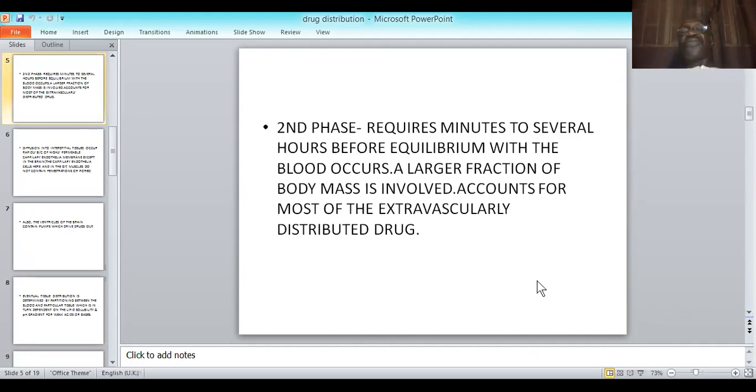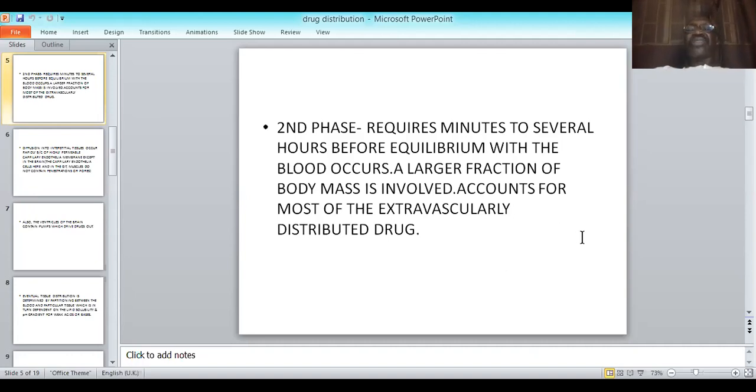And that second phase accounts for most of the extravascular distribution of drugs. During that second phase, organs and parts of the body which don't receive any significant distribution of drugs during the first phase now receive more significant distribution of drugs.